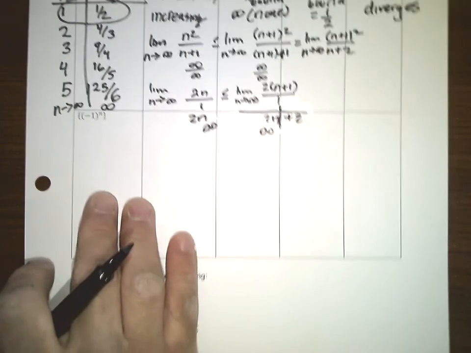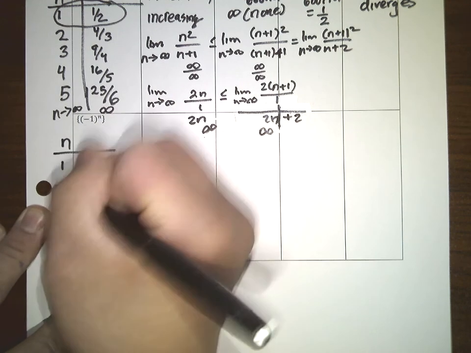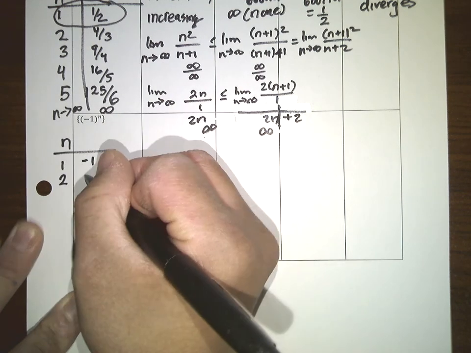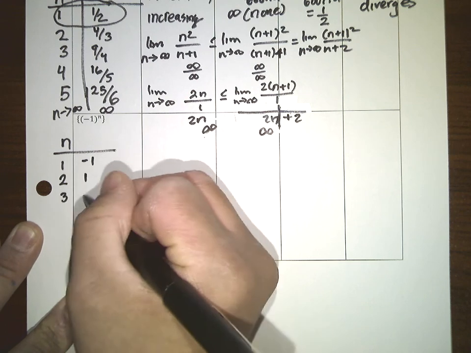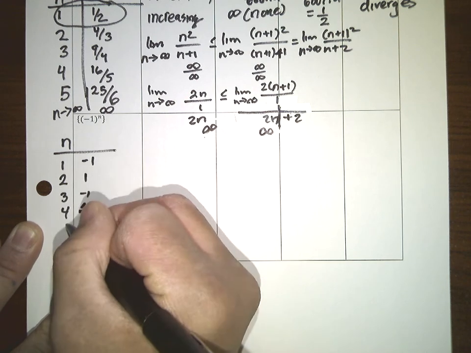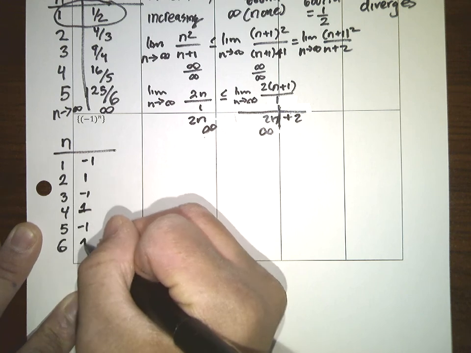No. All right, so now we have -1 to the n. If n is 1, then we get -1. If n is 2, we get 1, n is 3, we get -1, n is 4, we get 1 again, n is 5, we get -1, n is 6, we get 1.